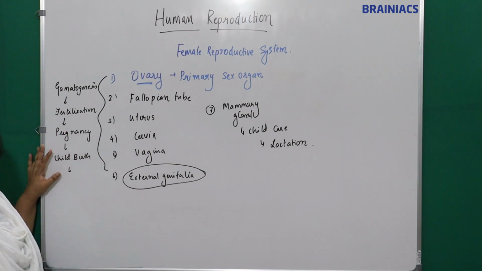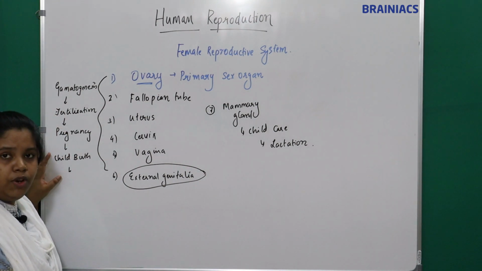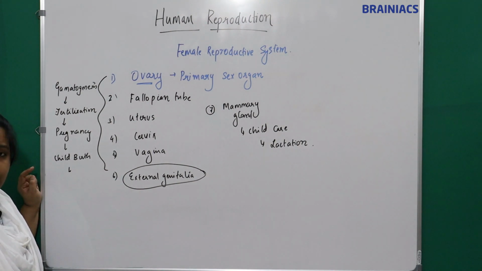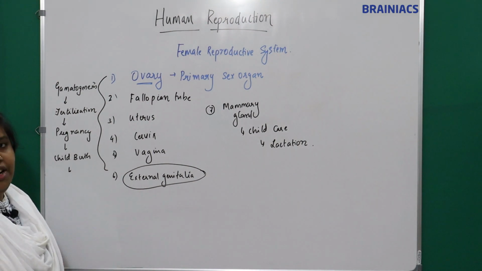So these are the functions constituted by the female reproductive system: gametogenesis, fertilization, pregnancy, childbirth and child care.